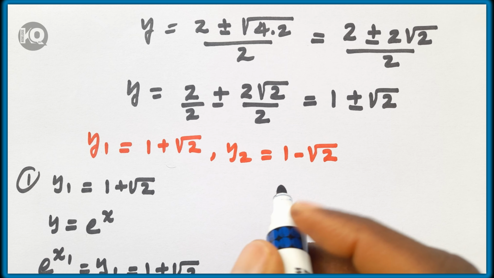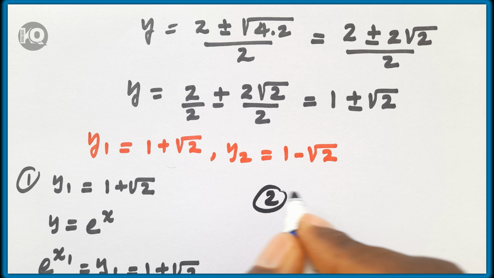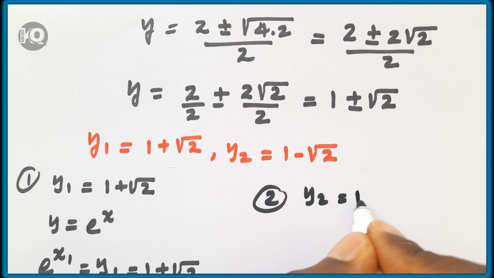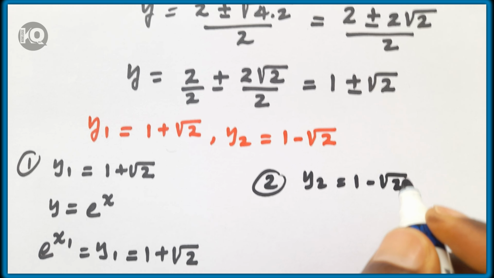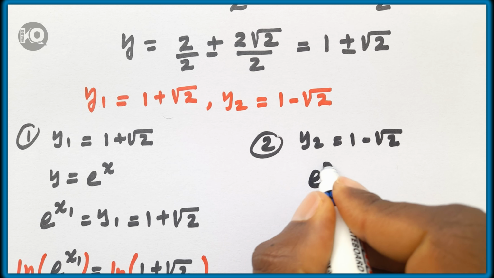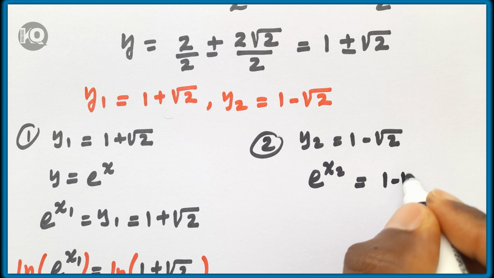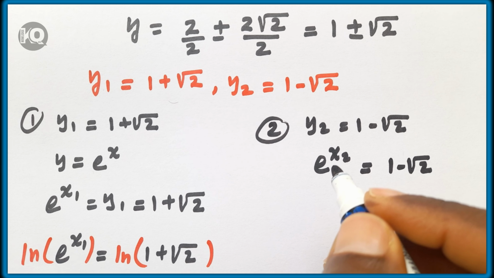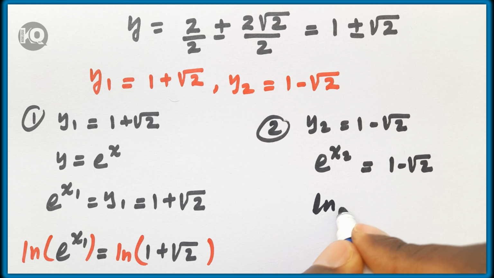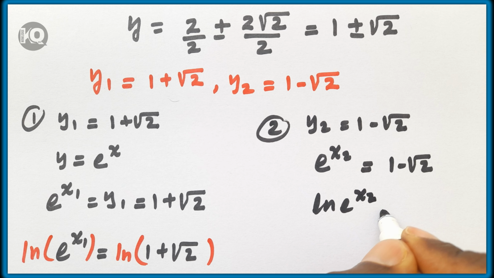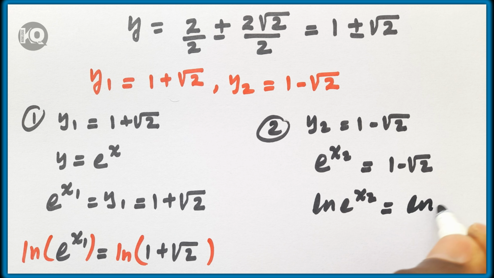And for the second case, we have y2, which is equal to 1 minus the square root of 2. So e to the power of x2 is equal to 1 minus the square root of 2. Introducing the natural logarithm, ln of e to the power of x2 is equal to ln of 1 minus the square root of 2.